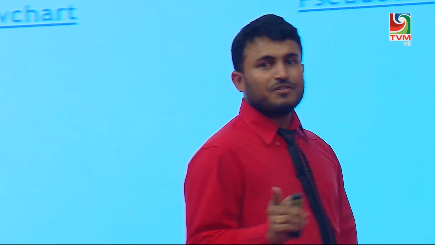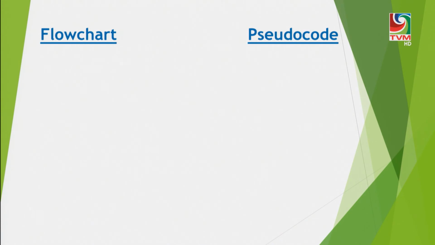Okay. Now you have learnt about two things, one is algorithm, the second one is flowchart. So again, briefly, an algorithm is a step by step procedure to solve a problem. A flowchart is the diagrammatic representation of an algorithm. Now see the common differences you find in the previous examples.